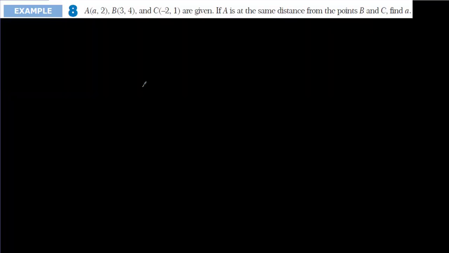If we continue with the other question here, it says like this. If A is the same distance from points B and C, find the value of a, which means that AC is equal to AB.